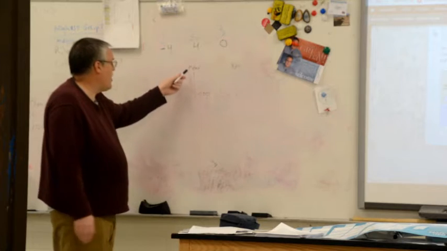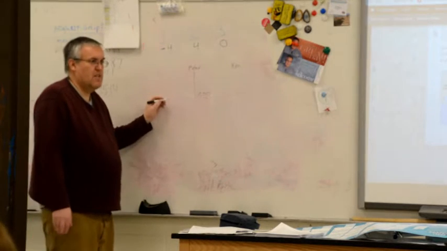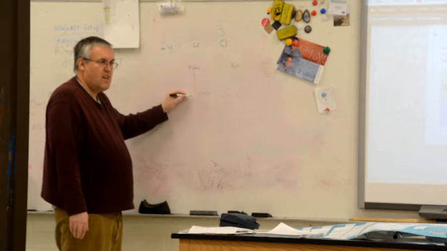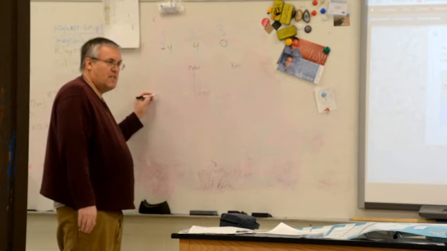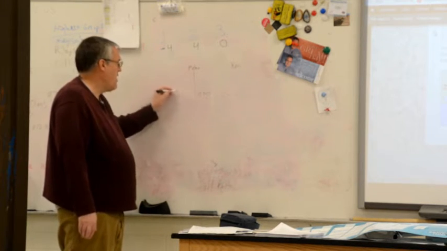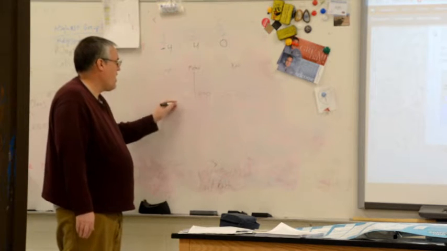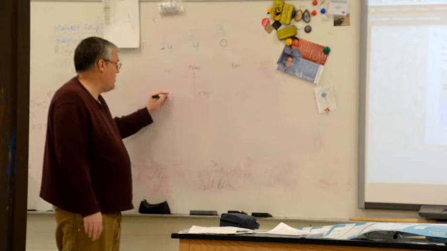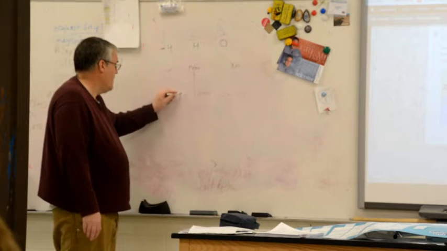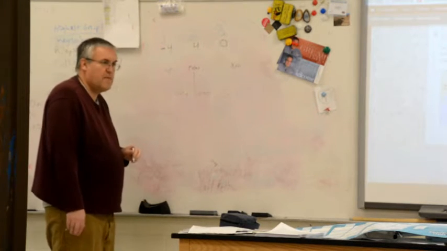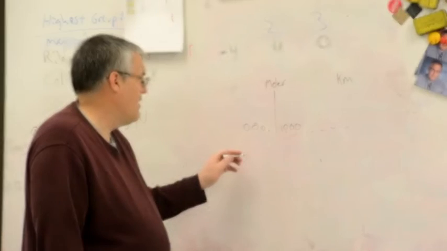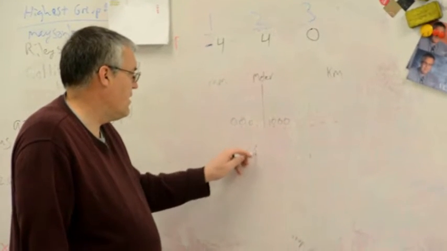How do I go from meters to millimeters? How many decimal places over is it? To millimeters, it's 3. So it's 3 more zeros, right? How many zeros do you have? 6. 1 million.